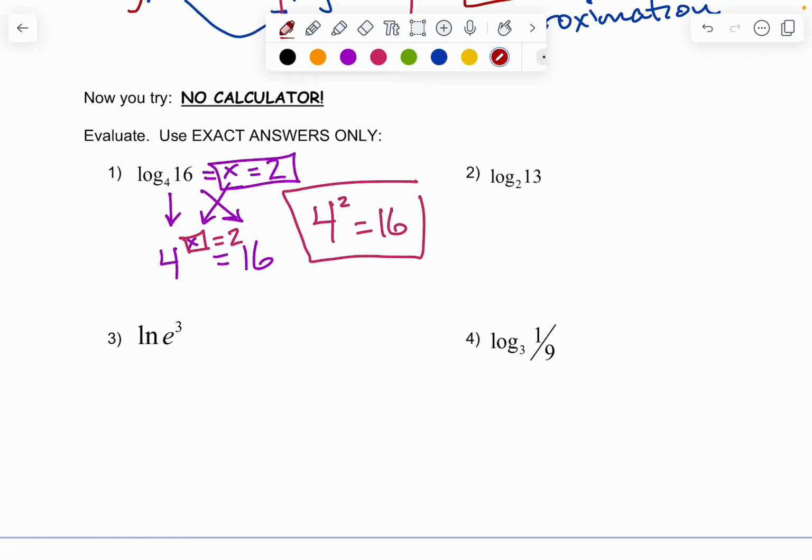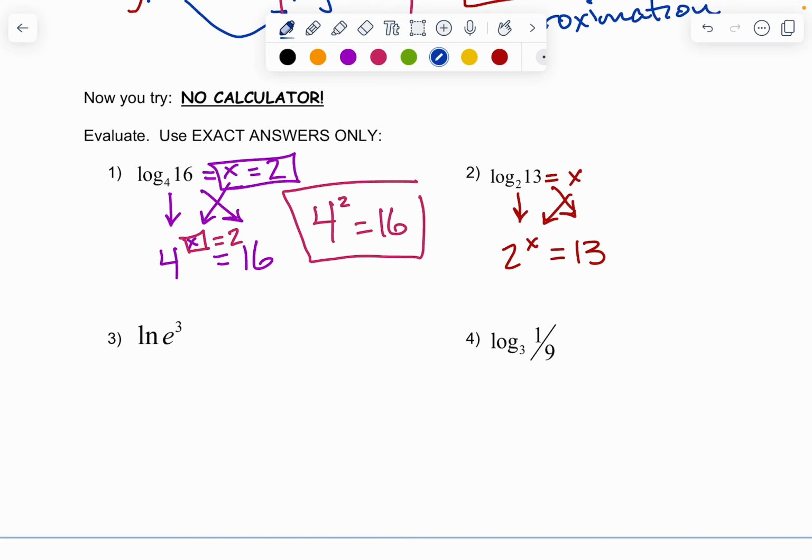Log base 2 of 13. I can already tell this one's going to be an unfriendly one because when you drop and you cross, 2 to no power, or at least 2 to no common power, is 13.